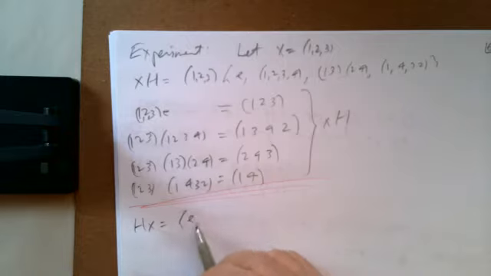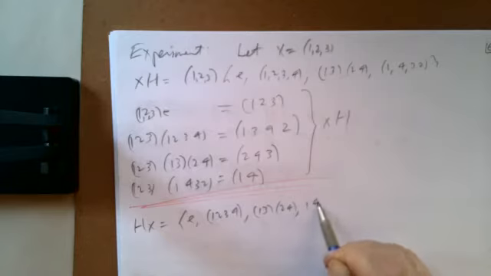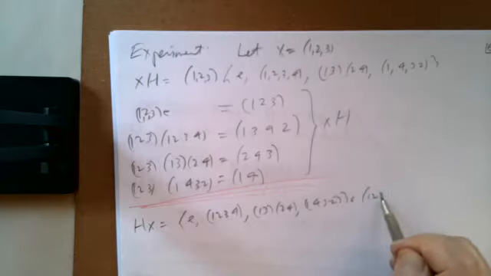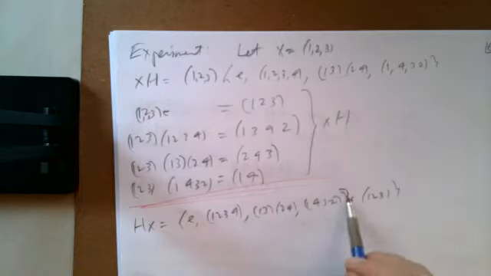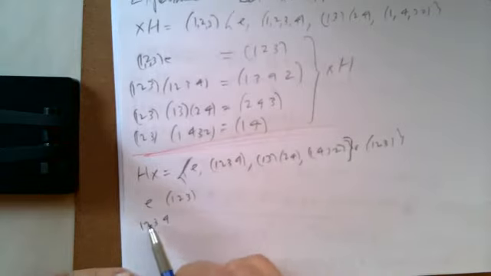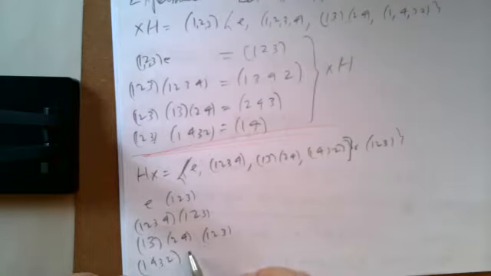This is the elements of the subgroup H, (1 2 3 4), (1 3 2 4), and (1 4 3 2), times X. So it consists of E times (1 2 3), (1 2 3 4) times (1 2 3), (1 3 2 4) times (1 2 3), and (1 4 3 2) times (1 2 3).